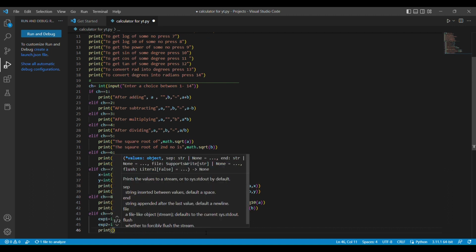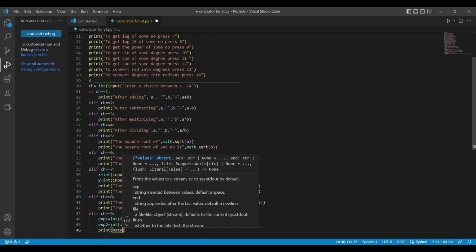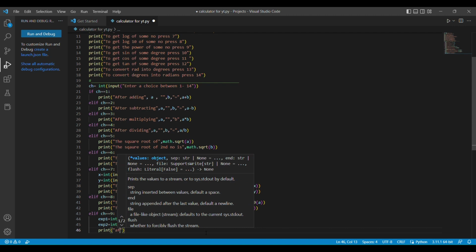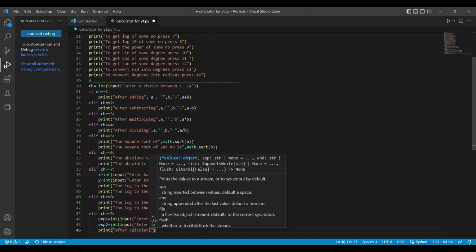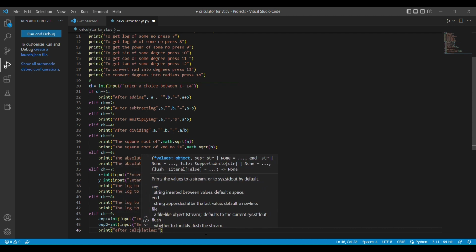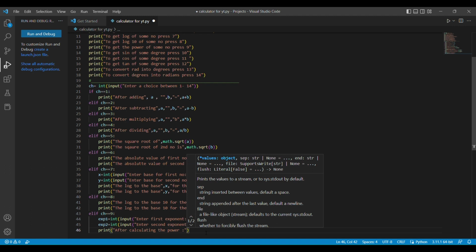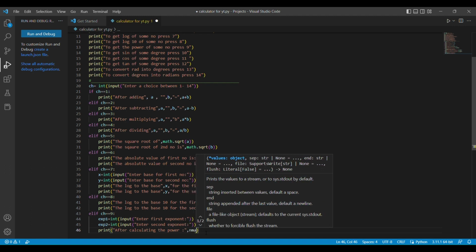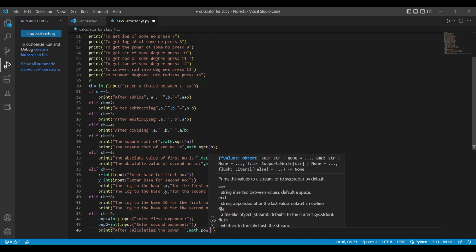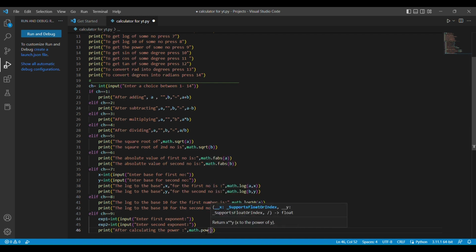Then print math after calculating the power, comma, math dot pow of, and in the bracket we will write base comma exponent. So base is a, exponent is exp1.